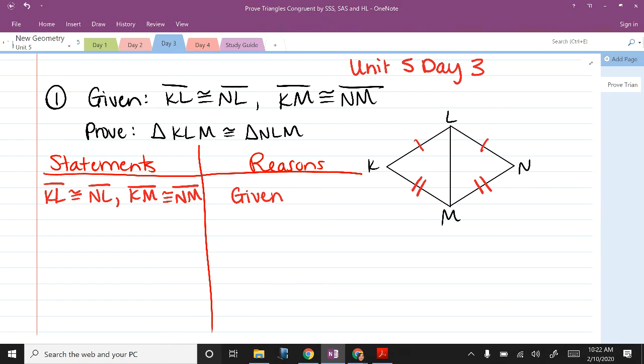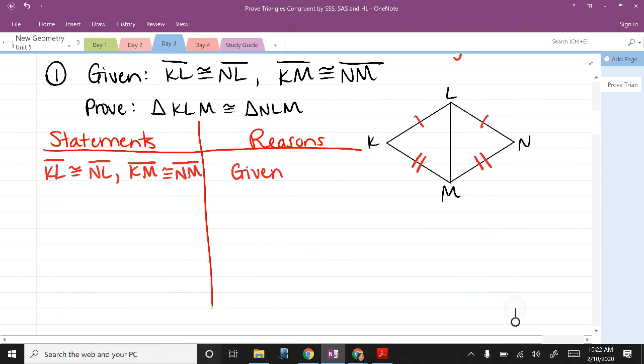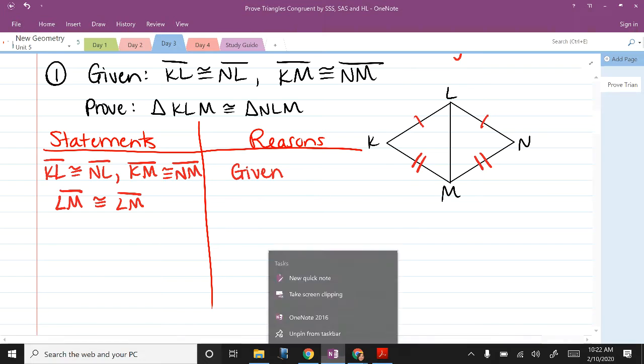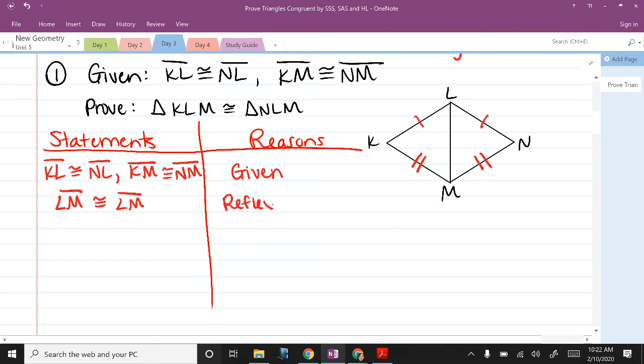Can I say LM is congruent to itself? By what reason? Reflexive property. They share that side LM, so I can say LM is congruent to segment LM because they're the same thing. That is the reflexive property.